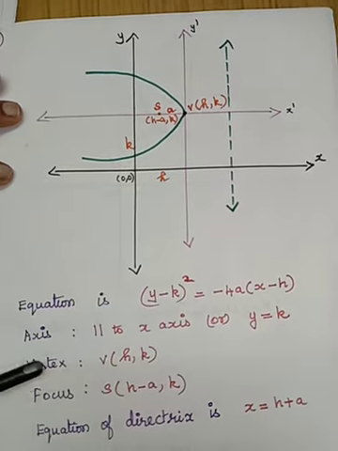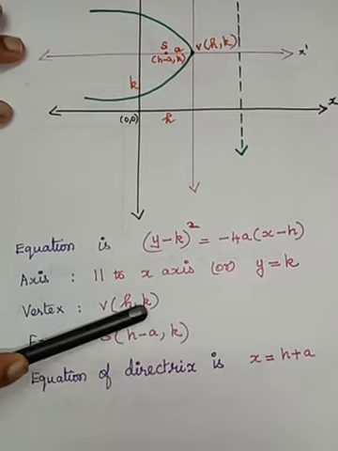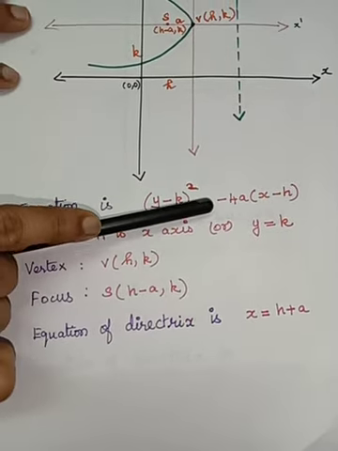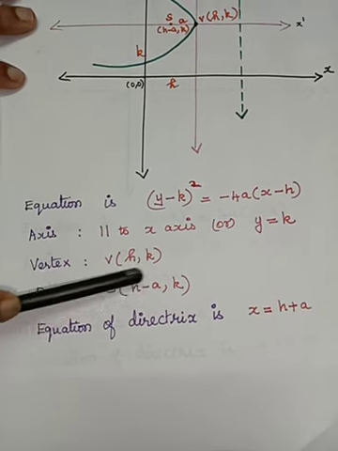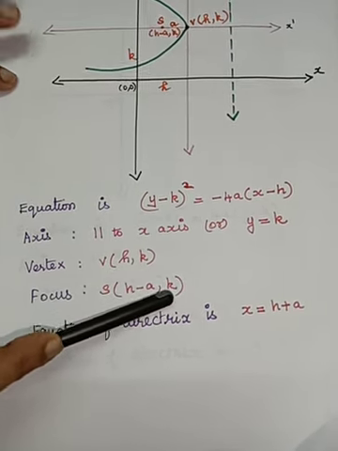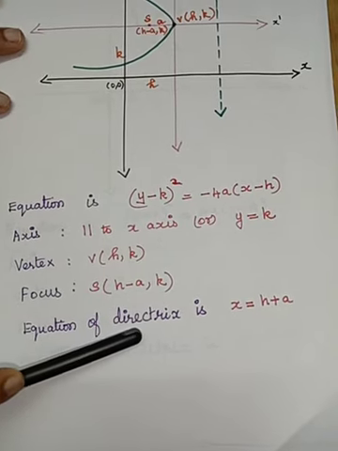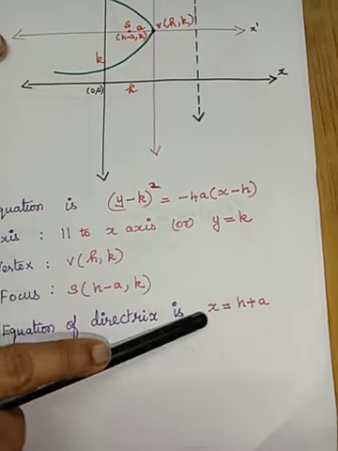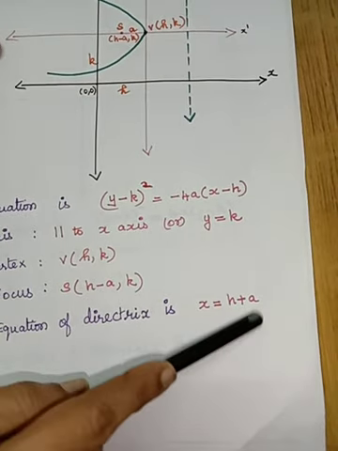The vertex is h comma k. And the focus of this parabola is on the negative side, so in the place of x, you have to write h minus a comma k. The equation of the directrix is just opposite to the focus, so x is equal to h plus a.